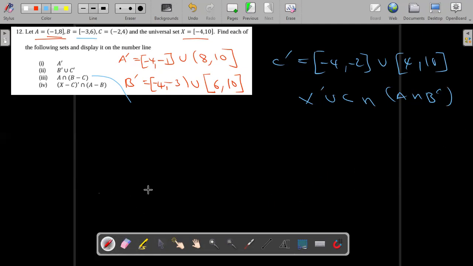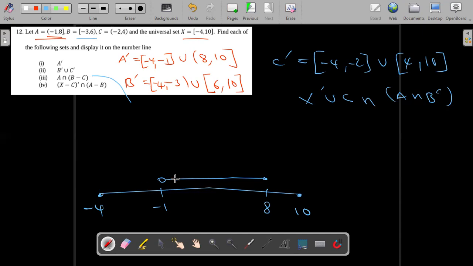So I'll draw my universal set as from negative 4 going up to positive 10. So now from here, what's my A? I can write down my A is from negative 1, it's open there at negative 1, and it goes up to 8. So here, there, 8. Okay, then this is my A. What's my B complement?